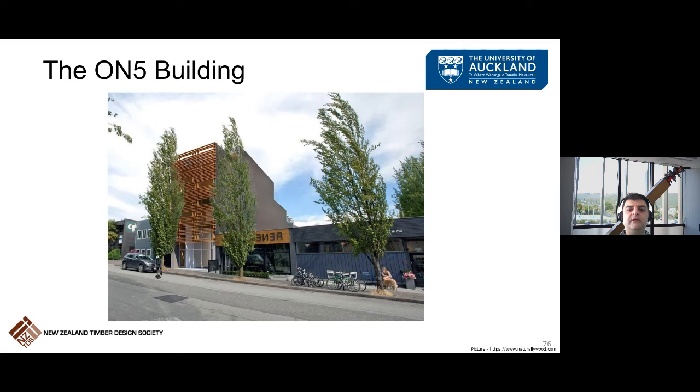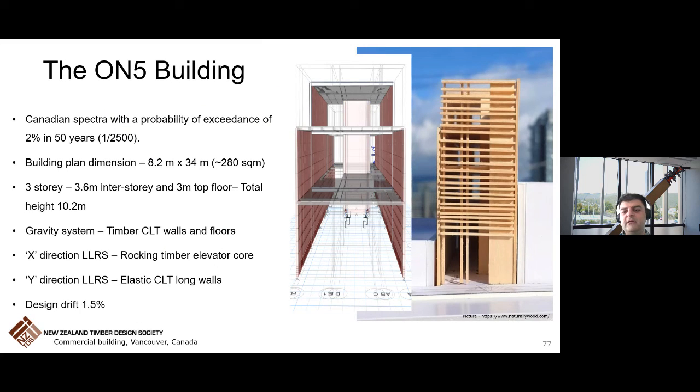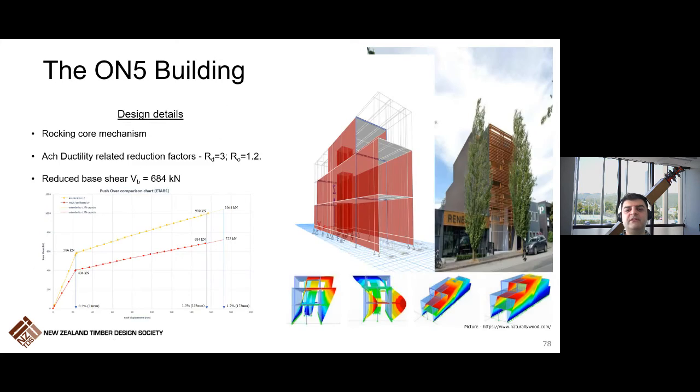The last case study is the ON5 Building in Vancouver. Similarly, a rocking mechanism was used, and the gravity system was CLT, and also the lateral system.